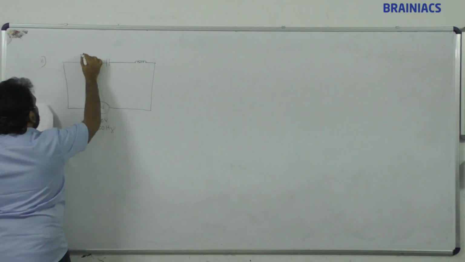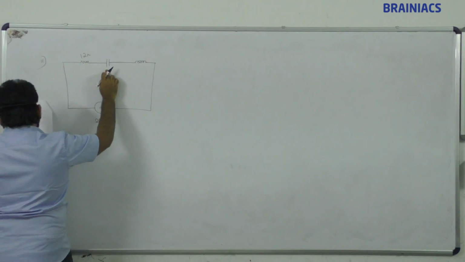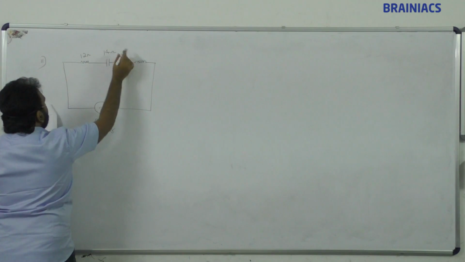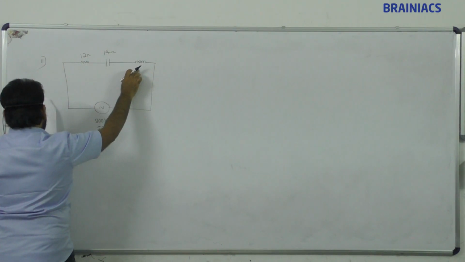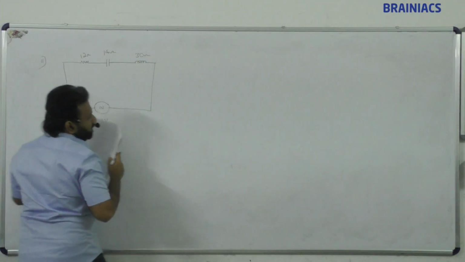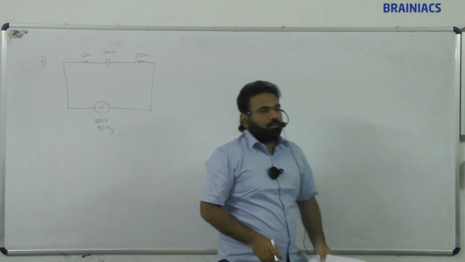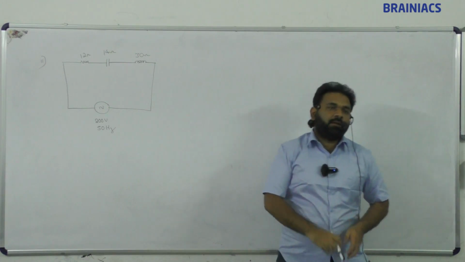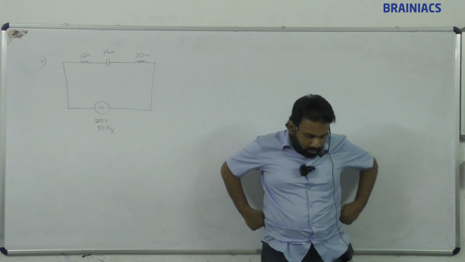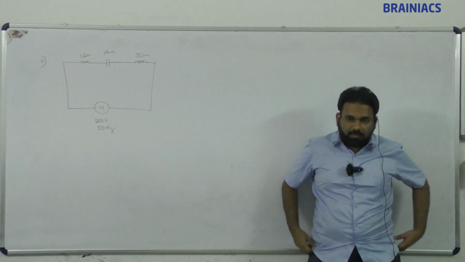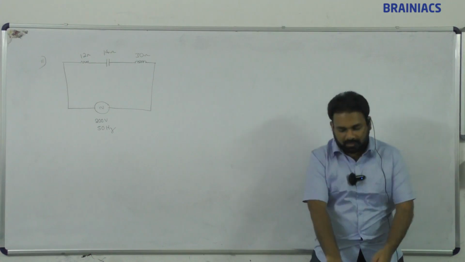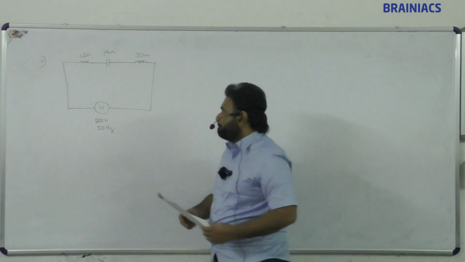So this is 12 ohm, capacitive reactance is 14 ohm, and inductive reactance is 30 ohm. These are the data given. So what will be the current and the phase angle between the current and voltage? Current is asked, so find the current, directly the RMS.